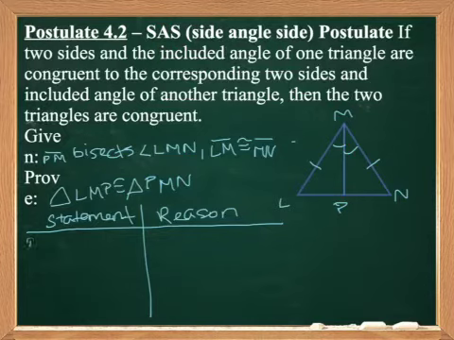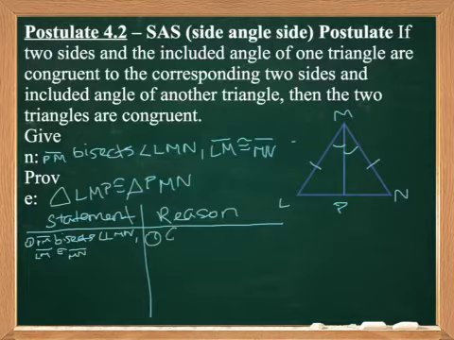So first we're going to state the given, that line segment PM bisects angle LMN, and that line segment LM is congruent to line segment MN, and that's all because it was given to us. Now our second statement would have to be something about the angles being congruent.